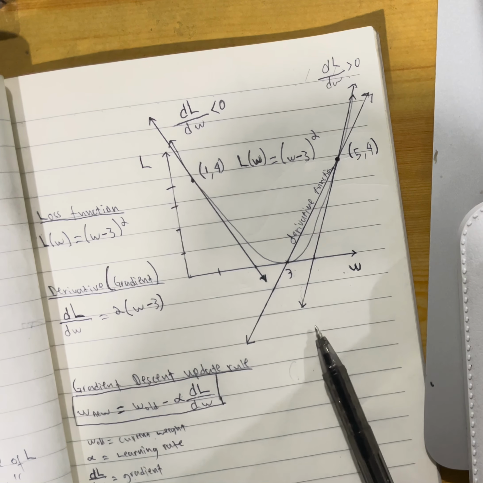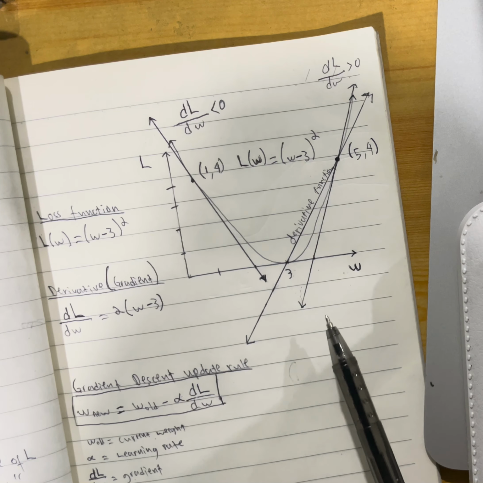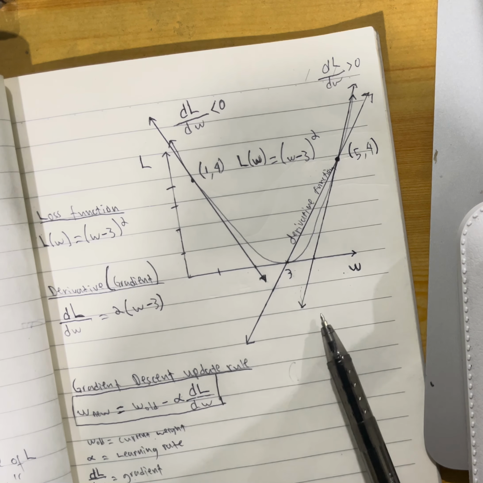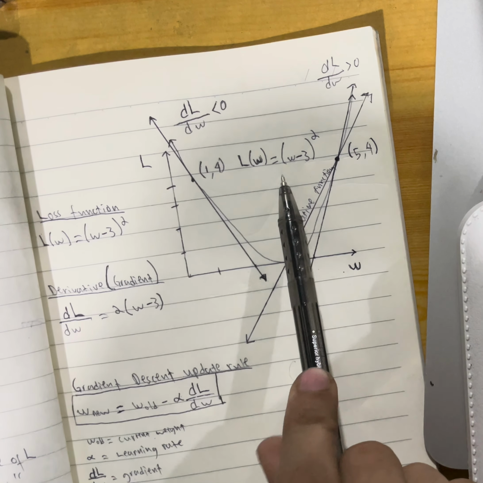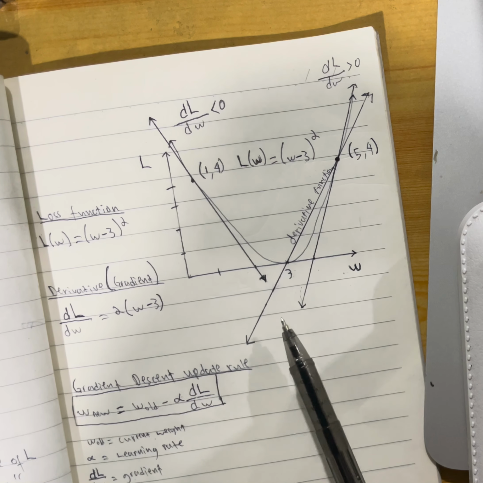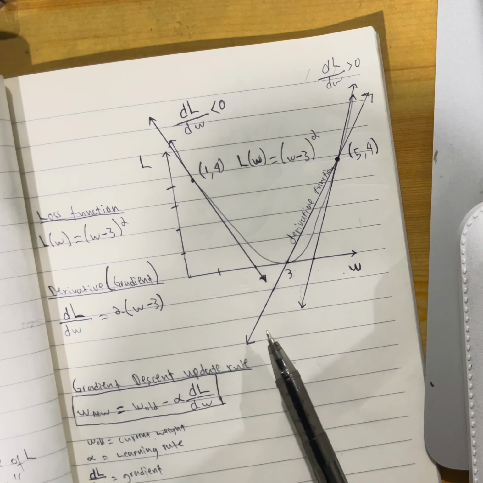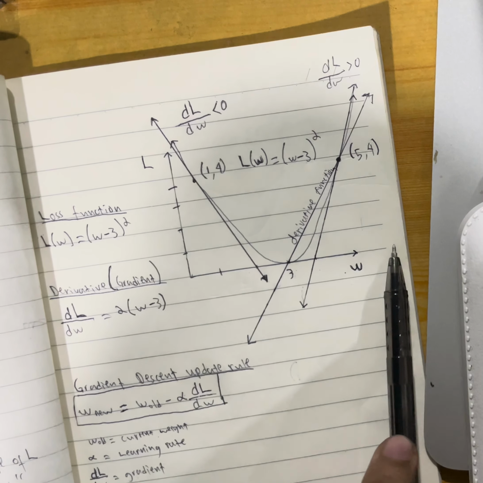And if you think that if we change the weight, it could move the point towards here or towards there, that's impossible, because we are talking about the weight here. The weight can take all the values here.